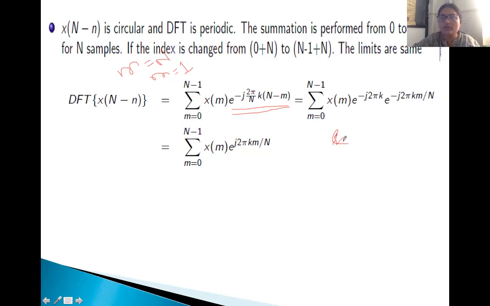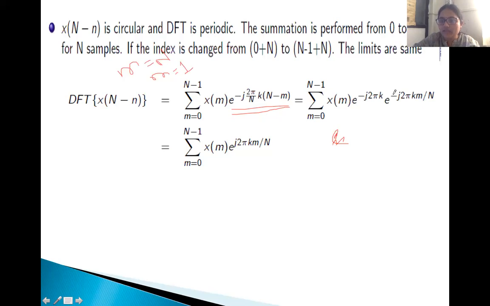Here it is already written. So it is e raised to minus j 2 pi k. This N and this N will be cancelling. So those are cancelled. So it is e raised to minus j 2 pi k. And in the second bracket, this minus is becoming plus.